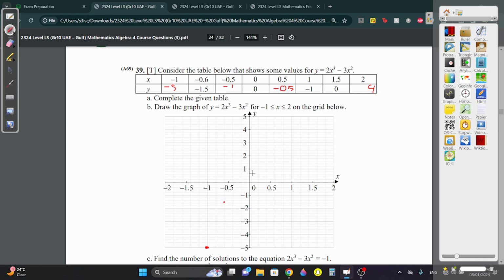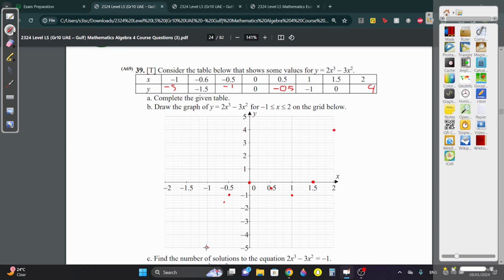Okay, -0.5, -1 over here, 0, 0 over here, 0.5, -0.5 over here, and 1, -1 starts going down again. It's obvious. 1.50, then it goes back up. And then 2 comma 4.